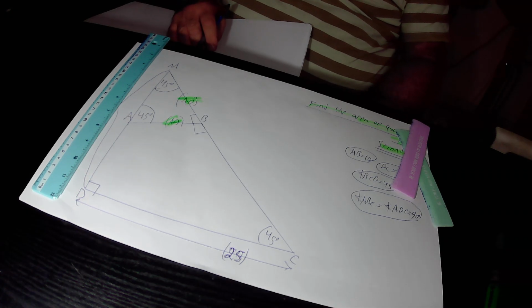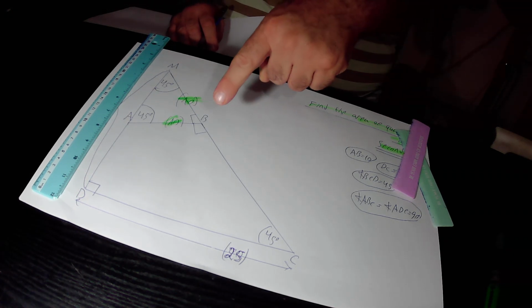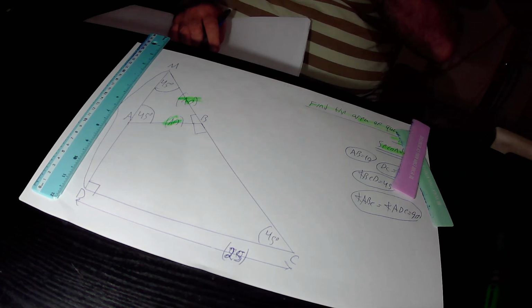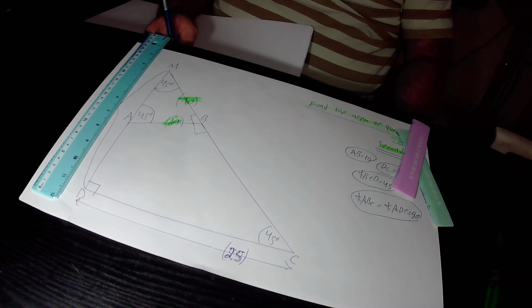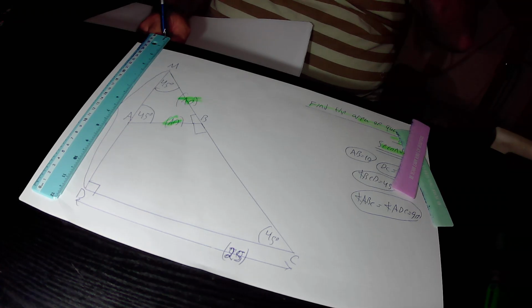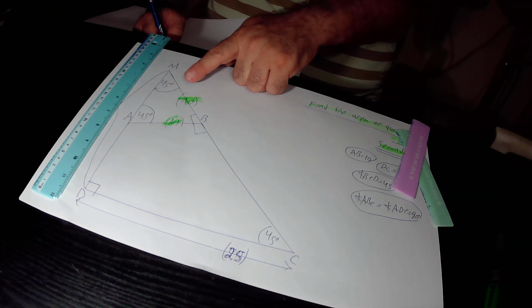From the drawing, it is very easy to see that the area of this quadrilateral ABCD, in total, is equal to the area of the big right triangle MDC minus the area of this small right triangle MBA.